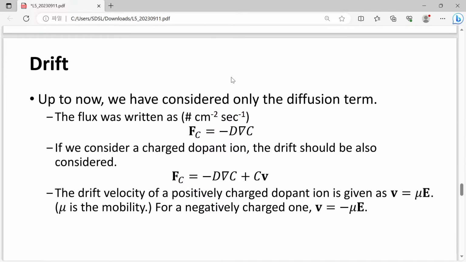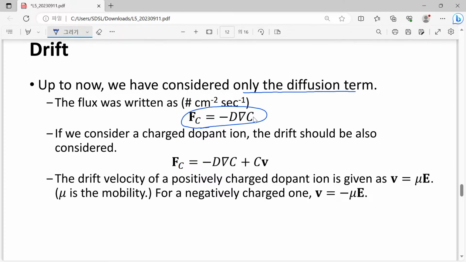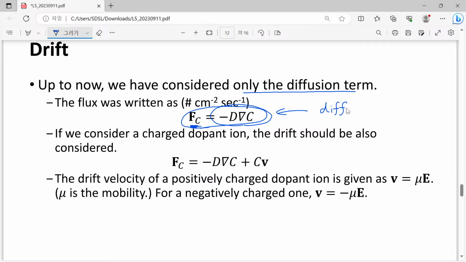Okay, so now let's go to the discussion about drift. Up to now, we have considered only the diffusion term. So the flux was written like this. This flux contains only one single term, and it originated from the diffusion mechanism.